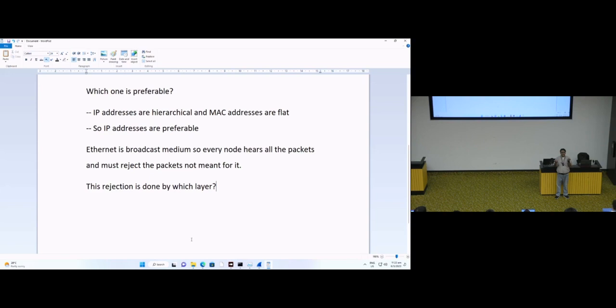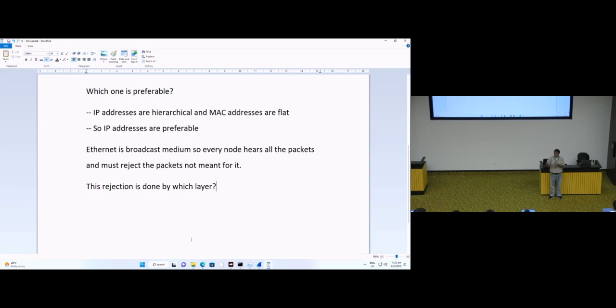Now, what's the advantage? We saw IP addresses have an advantage in terms of routing. But at the very last hop, if I reject packets at layer 3, it means I've done a lot of processing at layer 2 already. I'm processing 100% of the packets through layer 1 and 2, doing a lot of extra work at layer 2.